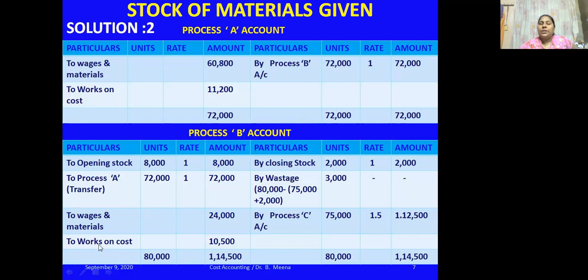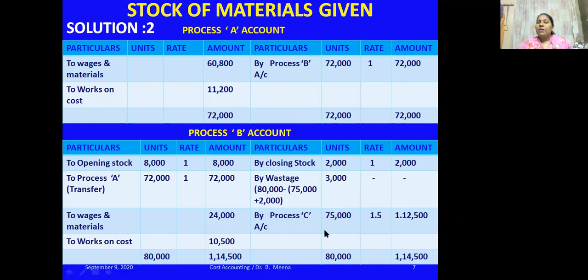Is there any wastage? How can I calculate the wastage? What is the total units as input for process B? 8,000 plus 72,000, 80,000 units I gave as input, right? Out of 80,000, what is my closing stock? 2,000. What is my output, given in the question itself?